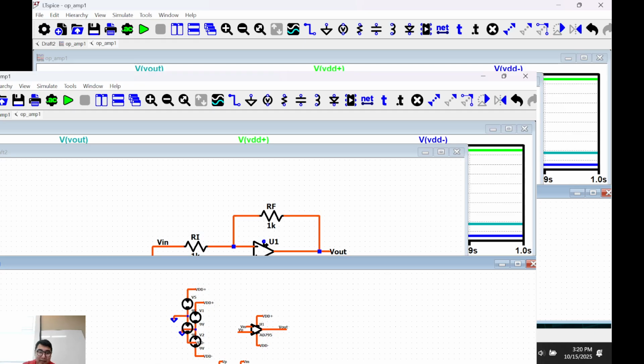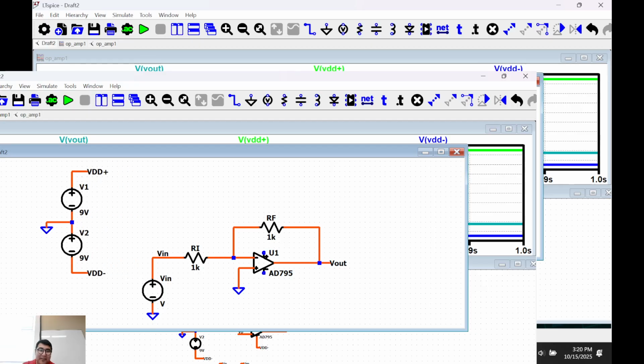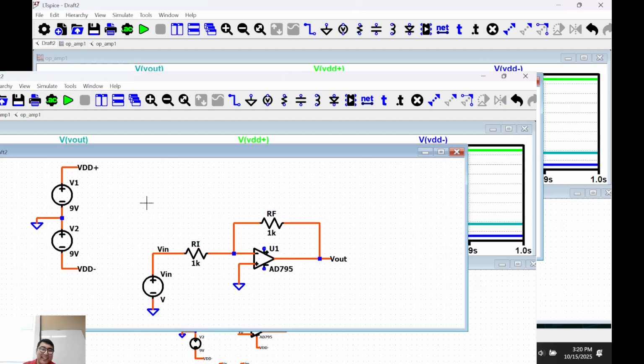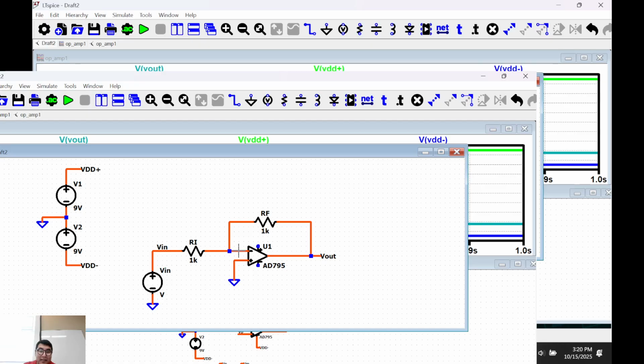Control C. Put it over here. There we go. I ain't doing that again. Make it a little cleaner. Is that good with everybody?